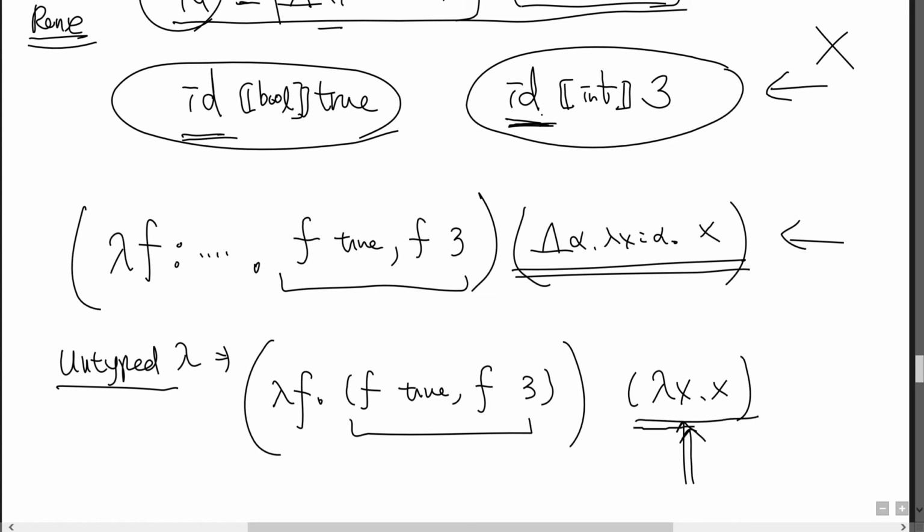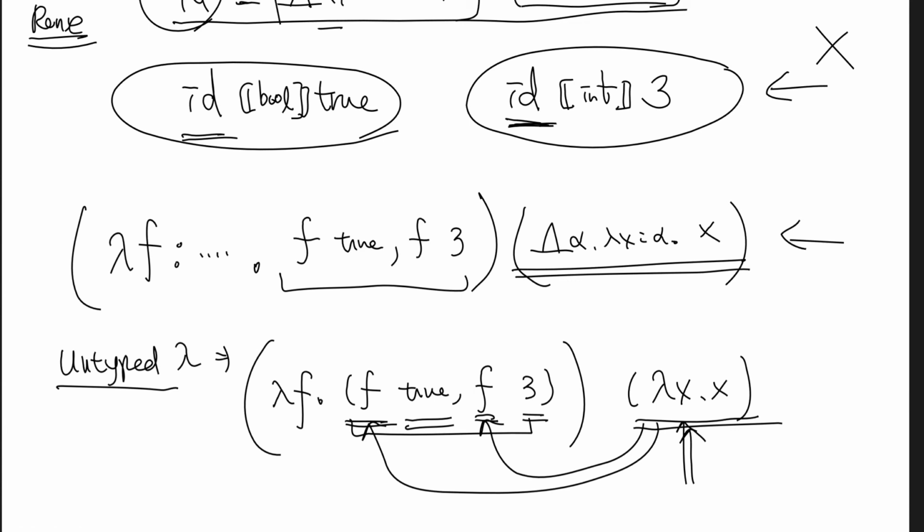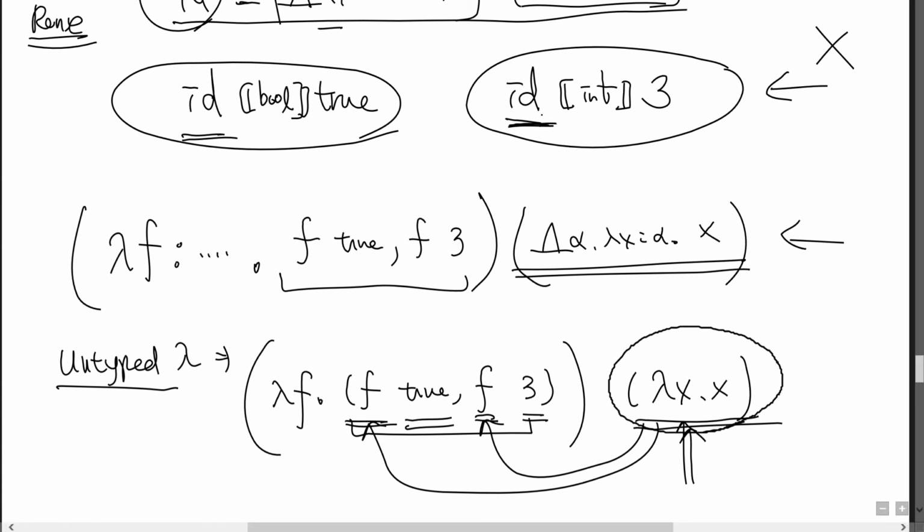Here we define the identity function, and we reuse it in different contexts. Here with the Boolean argument, and here with an integer argument. So we achieve this polymorphic application of the same expression. We have this identity function applied in different contexts.